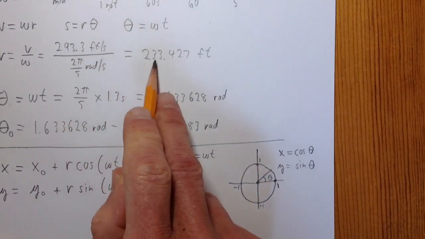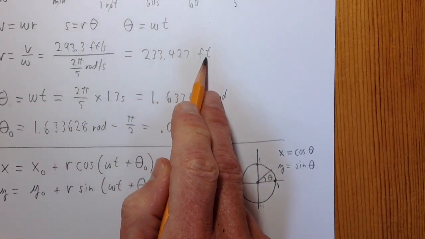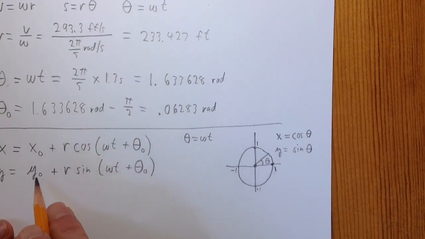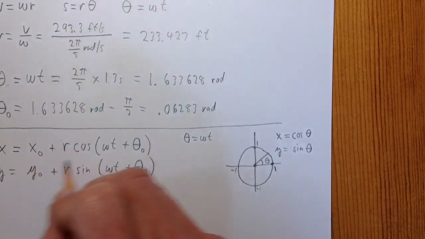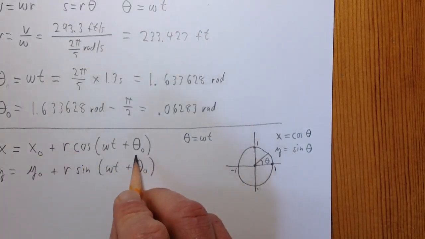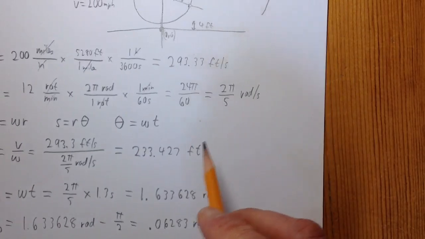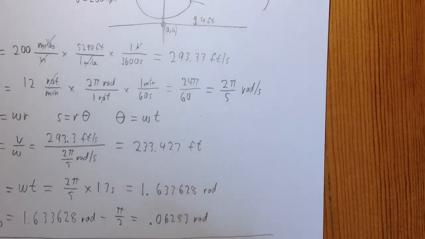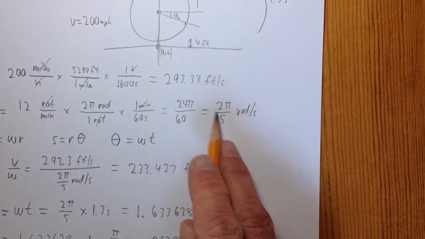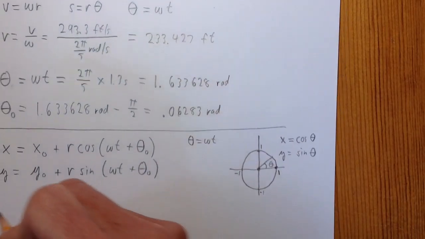And we already figured out the radius was 233.427. So the y value here is 237.427. Okay, but this one's 0. So now we can say what these things are. Oh, and theta 0 is negative this, right? And we know what omega is. We figured it out from up here, it is 2 pi over 5. So now we just write everything in.